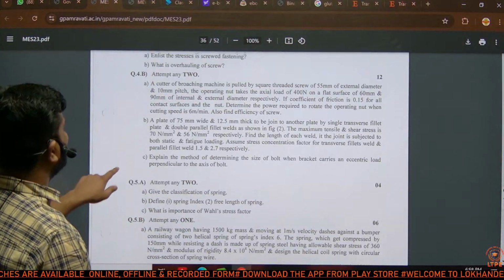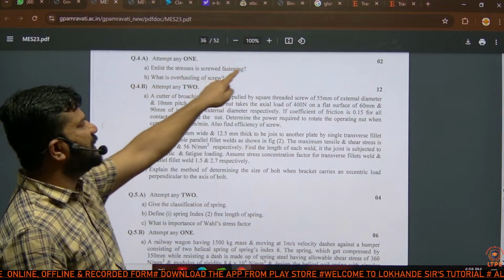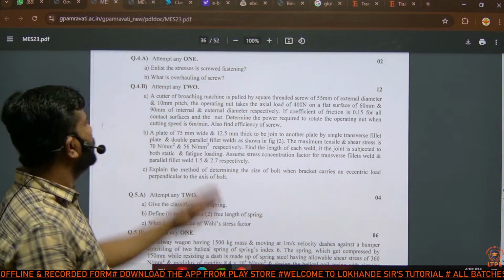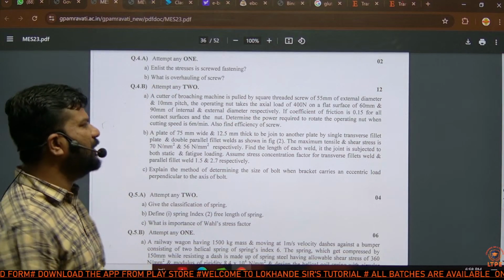Machine design. Question number 4B. Enlist the stresses in a screw fastening. What is overhauling? Overhauling and self-locking.